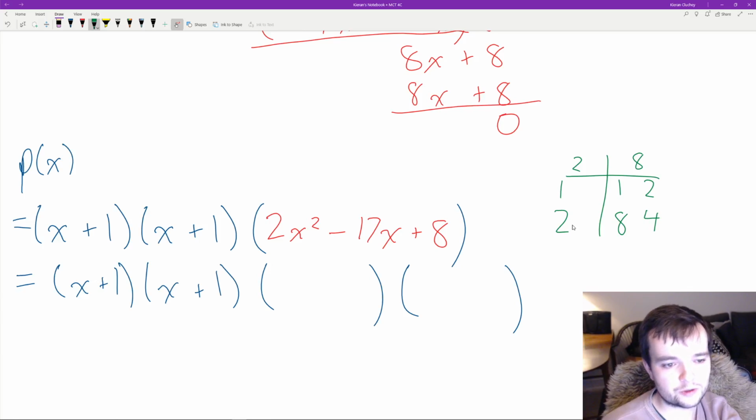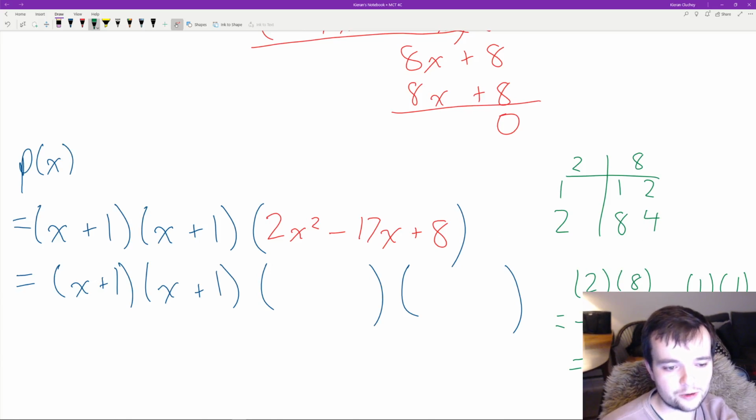If I have 16 when I get 2 times 8, and then I have 1 when I get 1 times 1, I know that I need a negative, and I need to subtract both in order to get negative 17. So that's my strategy. I'm just trying different combinations in order to get to that negative 17.